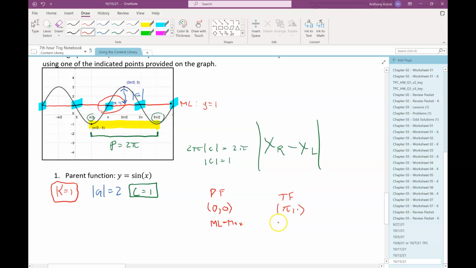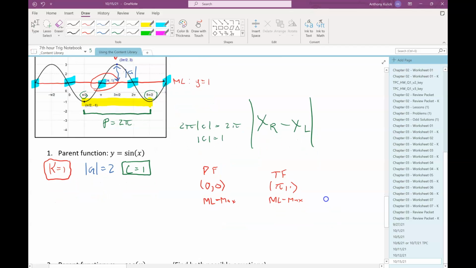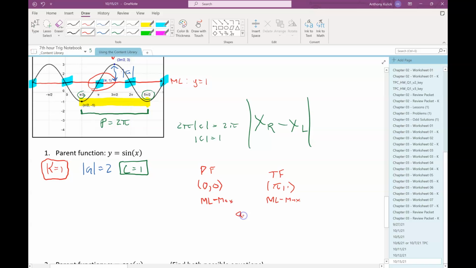And if I look at this, this is also a midline max point because directly to the right of it is a maximum. Everybody's okay? So what can I conclude about the sign of A? Is A positive or negative?